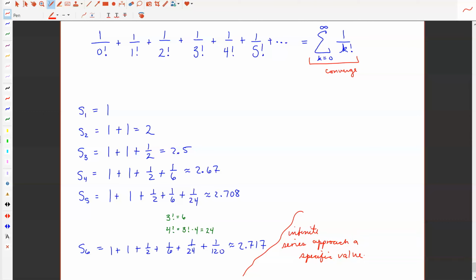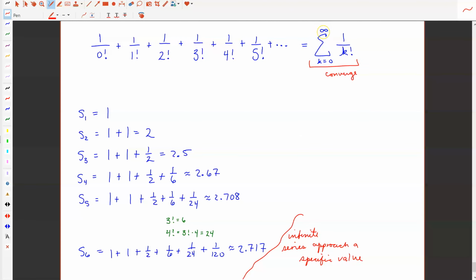And maybe you can already see what they're going to approach. If I keep going out, and I don't stop at any specific value for n, but I sum these through an infinite number of terms, this will approach e, Euler's number. And as a reminder, Euler's number is approximately equal to 2.718.